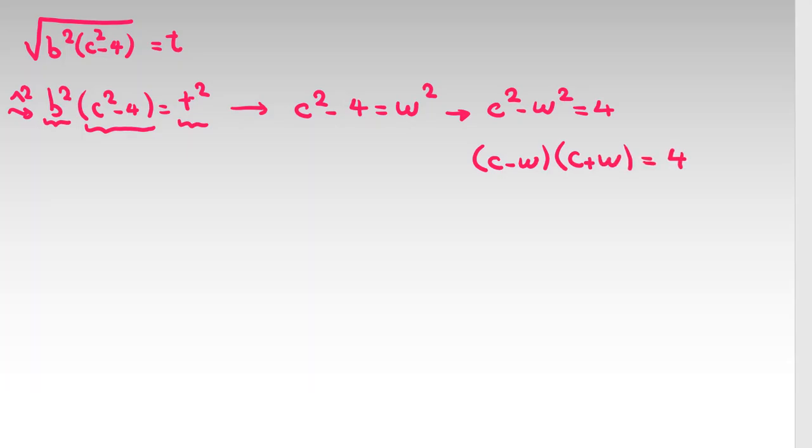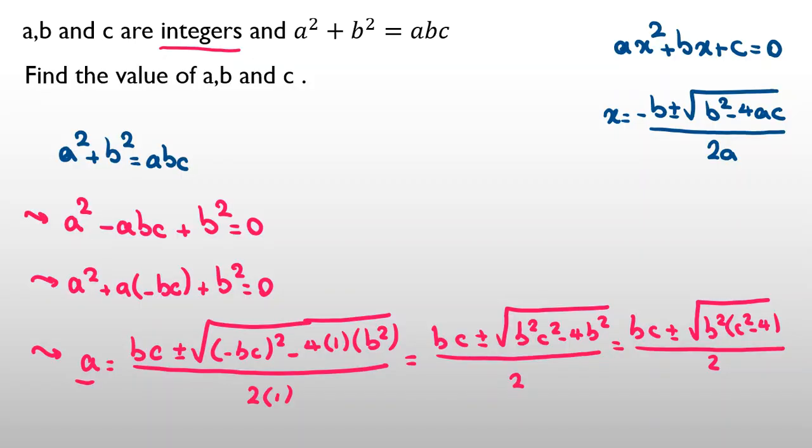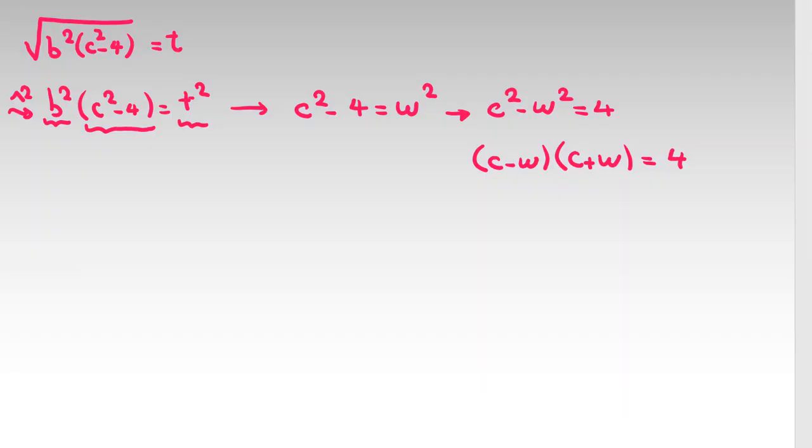If you consider different cases, the problem says a, b, c are integers. Without loss of generality, I consider c and w greater than or equal to 0, because if they are negative it is not important, since the sign is not important here. If I find one answer for c, I also consider its negative.